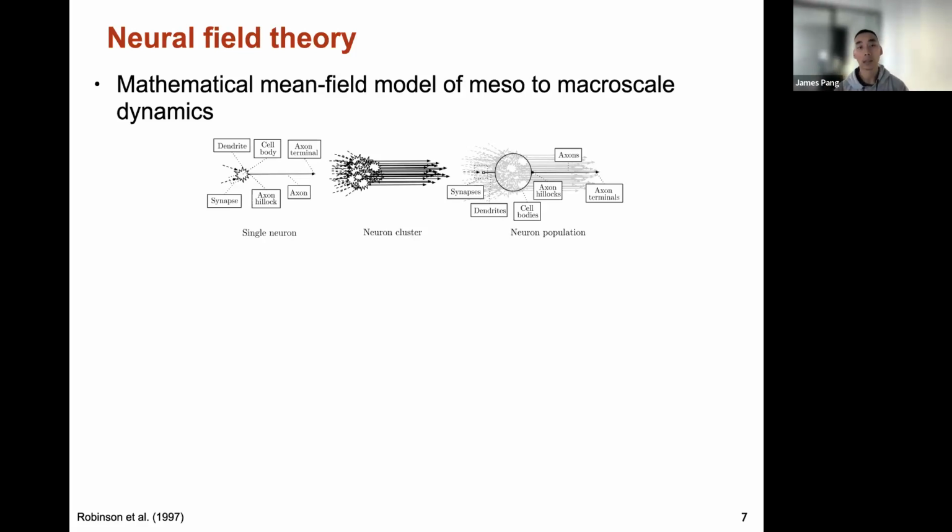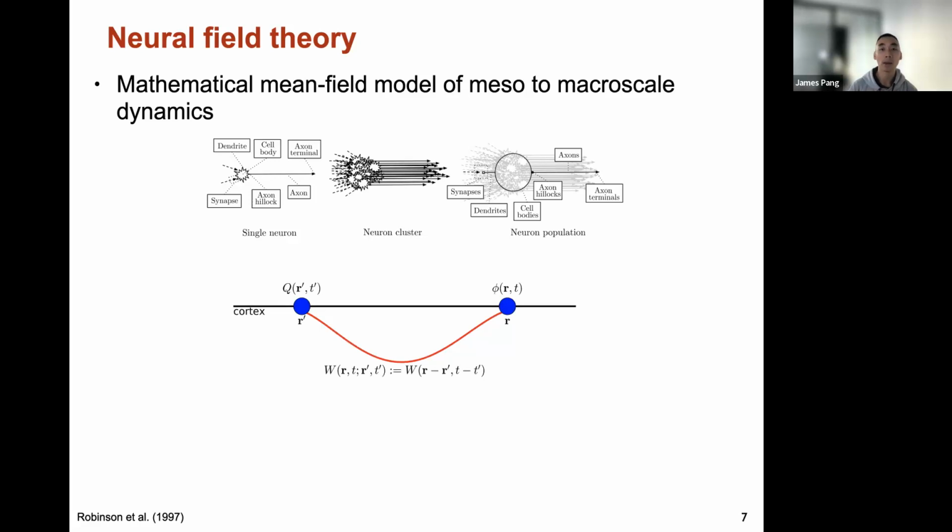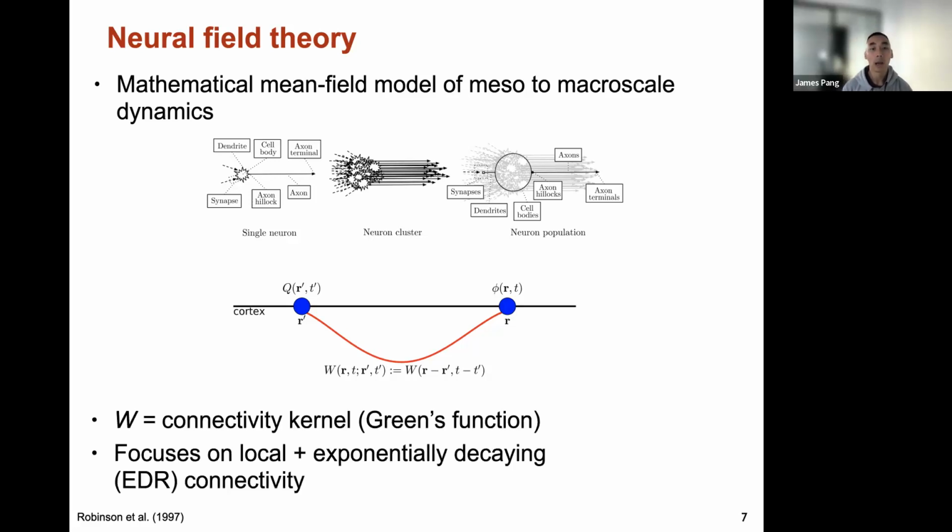Again, not the activity of single neurons, but populations of neurons, and observes the emerging activity from there via the assumption that these populations of neurons are connected via a really simple connectivity kernel, W, which is mainly local connectivity, basically a local neighborhood type of connectivity, plus an exponentially decaying rule, where points really, really far from you would be weakly connected, as opposed to points that are very, very close to you.